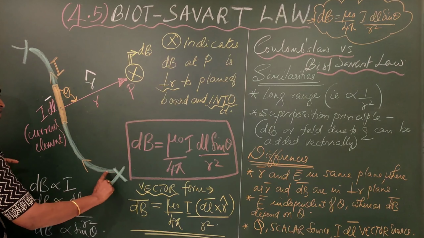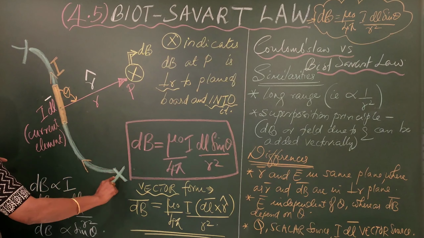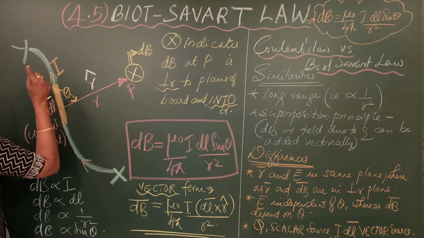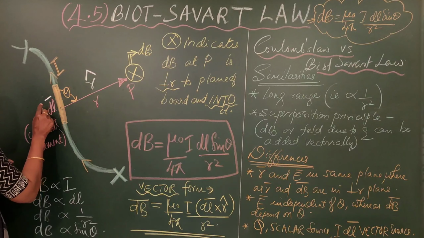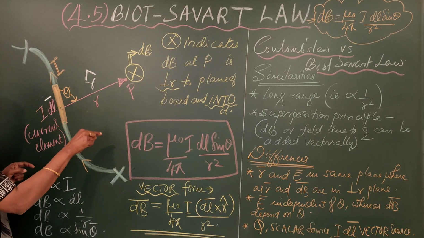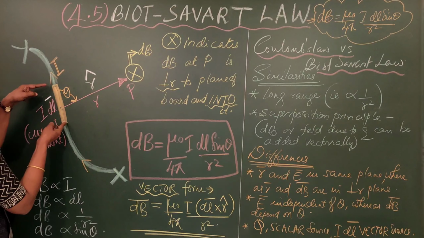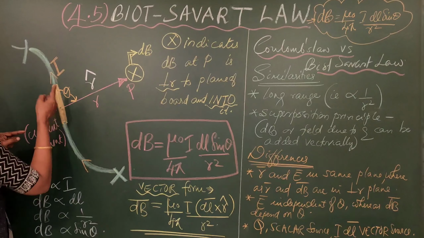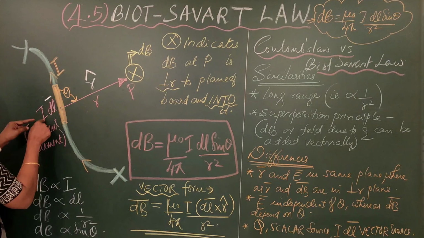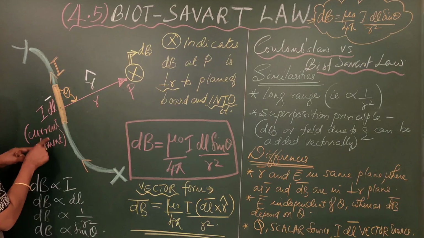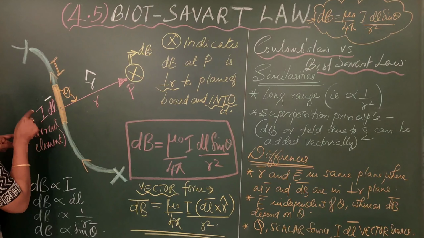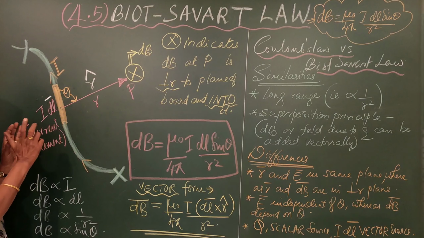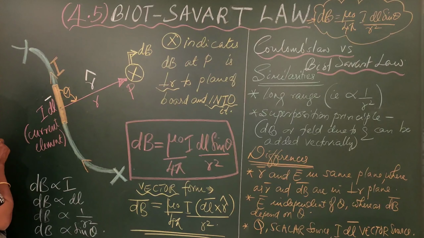So current is going from X to Y. This is the direction of the current I, and that direction is given to dl. So dl becomes a vector. Initially dl is a scalar, a small length. But once you put the direction of I, it is known as a current element, an element with a current I. So I dl bar together is known as the current element.